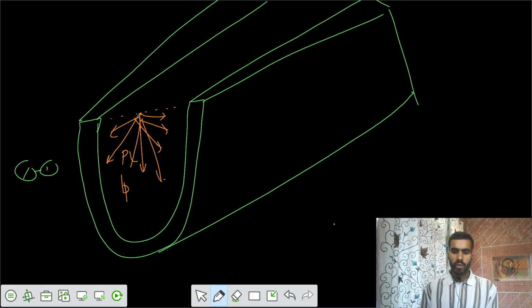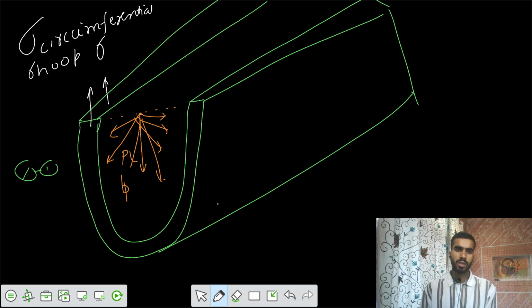One of the stresses we call hoop stress, also called circumferential stress or meridional stress. This is your hoop stress sigma h.